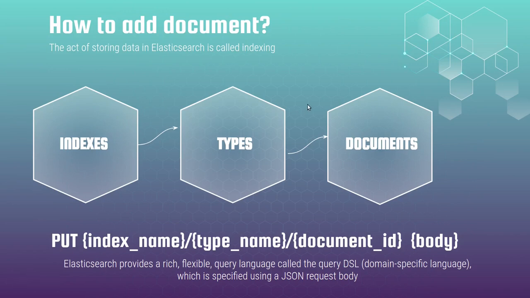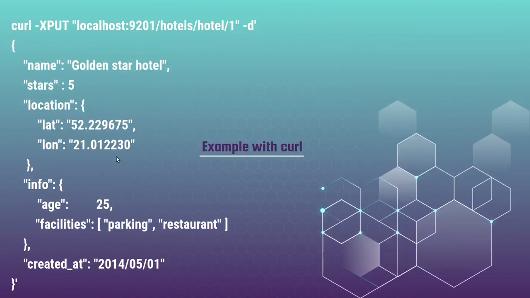So let's see how it looks in practice, for example, using the curl package. We can type curl -XPUT, then localhost and the port of our Elasticsearch engine instance. Then we put hotels, which would be our index, hotel, which would be the type of document, and ID number 1.